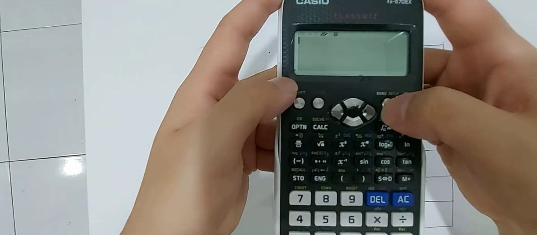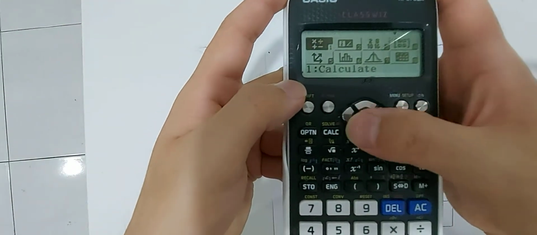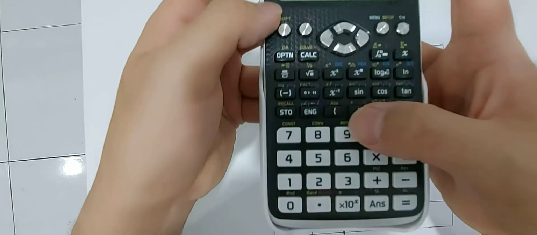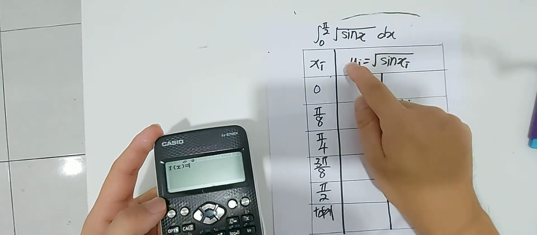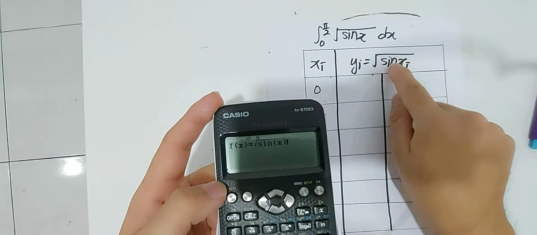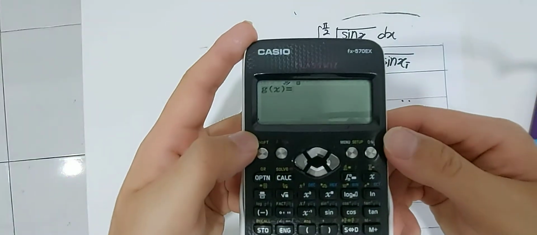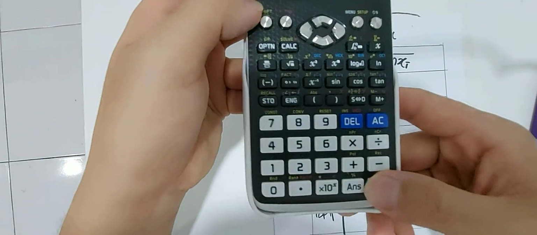Now I'm going to key in menu, choosing 9, then f(x). Your f(x) is also y, which is the square root of sine x. Pressing equals, then pressing equals again.